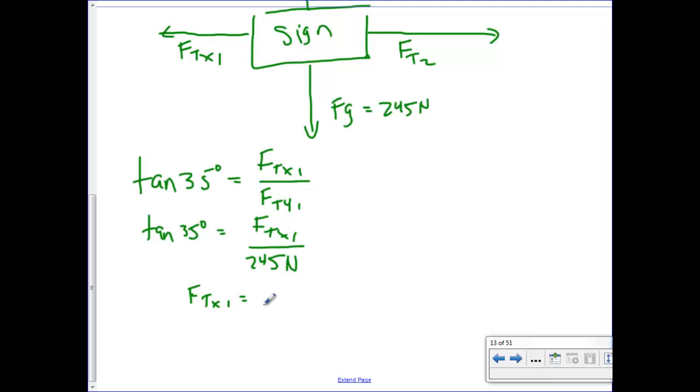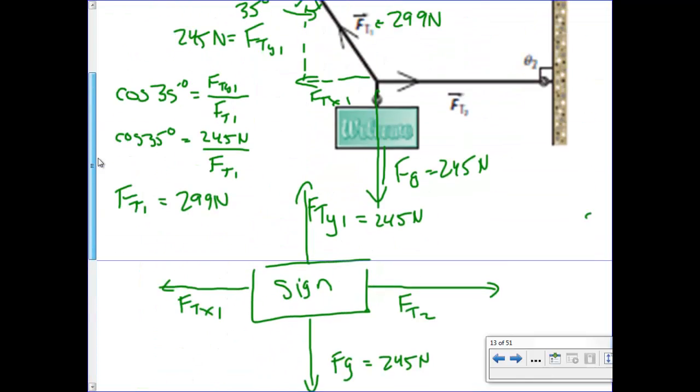Tan 35 times 245. I got 171.55. Did anybody try using like either Pythagoras' theorem or sine or something? Okay, so the only difference there will be just how many sig digs you probably kept, right? So, based on sig digs, how many sig digs do I even get? 3?